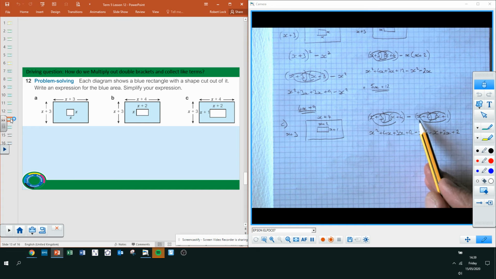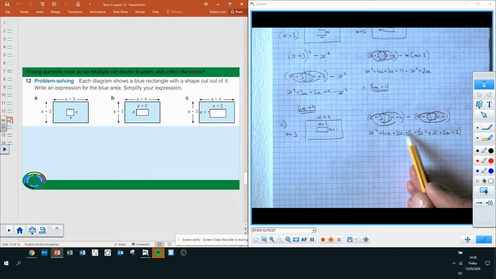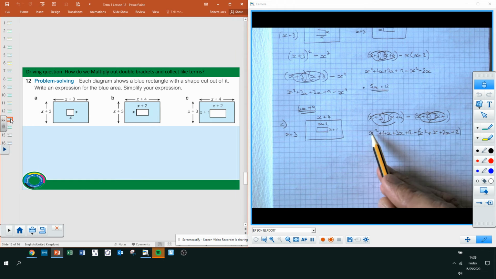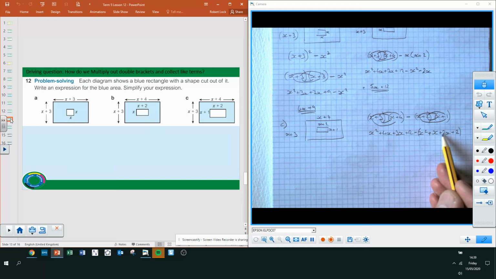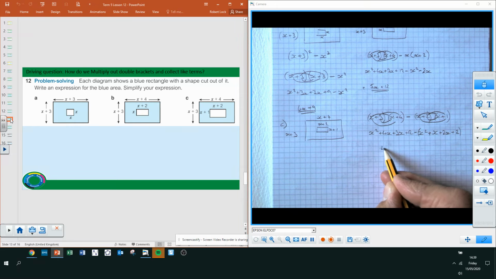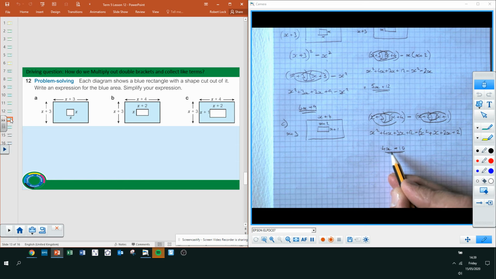So I'm going to take this away from this. x squared take away x squared is nothing. 4 plus 3 is 7, minus 3, so 7 take away 3 is 4x. And 12 take away 2 is 10. So the answer is 4x plus 10.